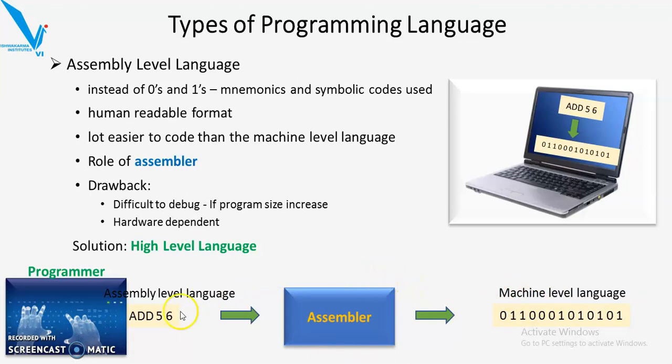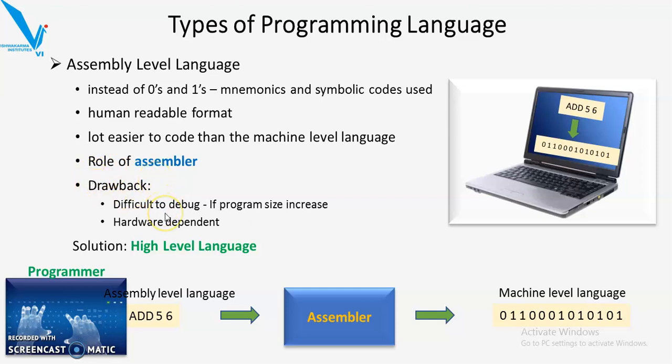Assembly code is converted into executable machine code by a utility program that is referred to as an assembler. It's much easier to code in assembly level language as compared to binary level language or machine level language. But this assembly language also has some drawbacks.